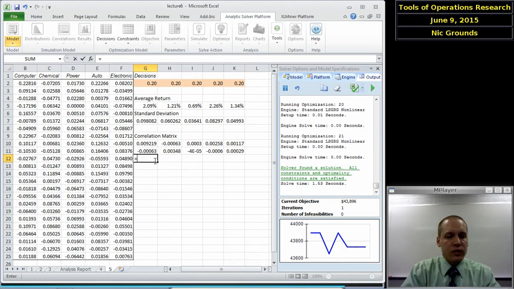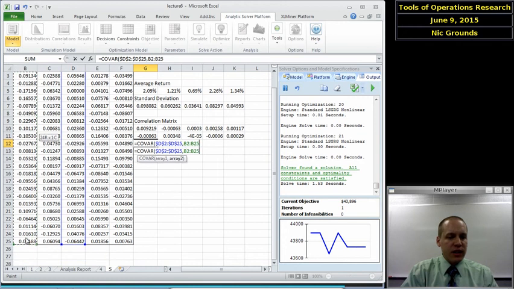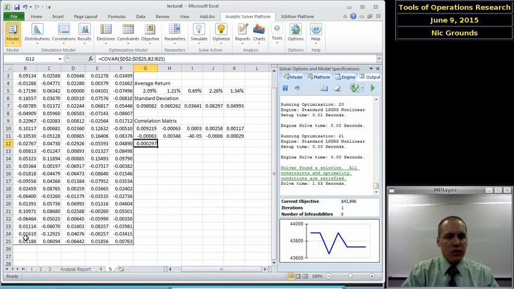Third row, I'll be computing the power investment correlated with each of the other 5 investments, one by one.